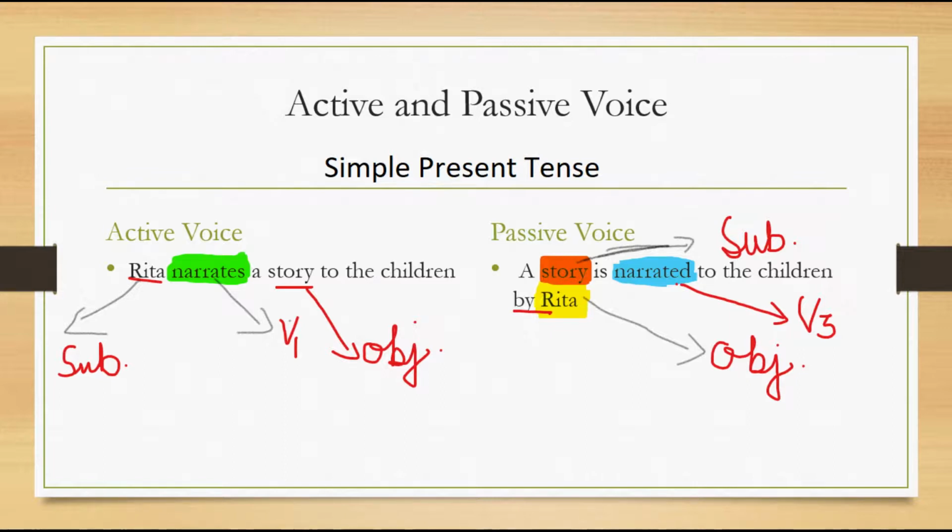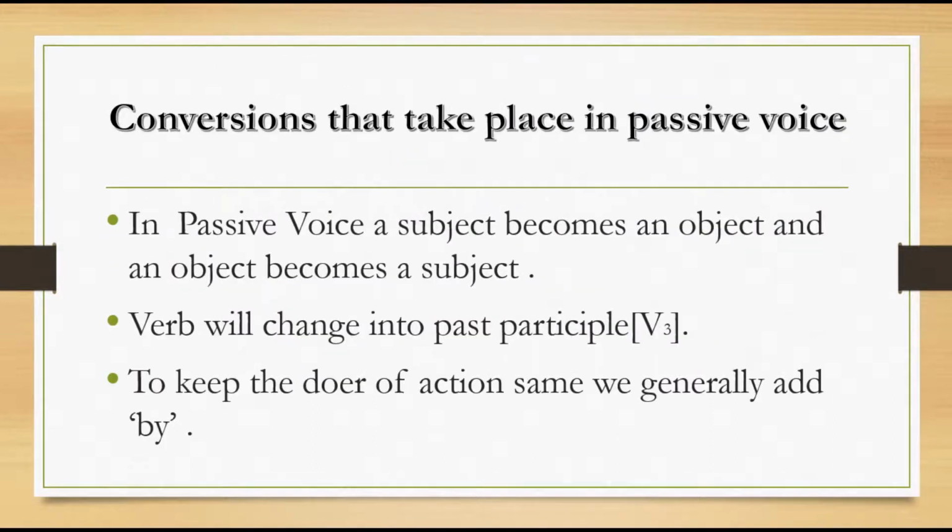A story is narrated to the children by Rita. Simple. So I tell you, a story is narrated to the kids by the teacher every single day. So I have put it from active into passive. Okay. So you have simple present tense, active, simple present tense, passive. So what we did is we changed the subject into object, object into subject.